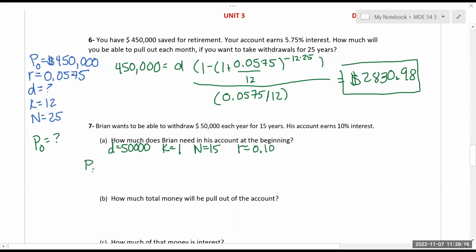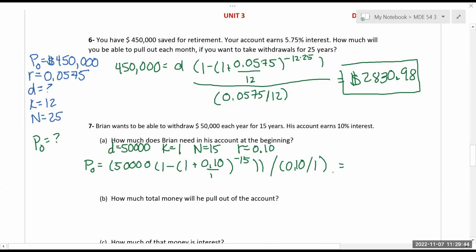So I'll set it up as P0 equals 50,000, 1 minus 1 plus. You don't have to divide by 1 if you don't want to, but I did do NK separately, just so it's not as messy. All right. And you should be able to put that in exactly how I just wrote it and come up with an answer.